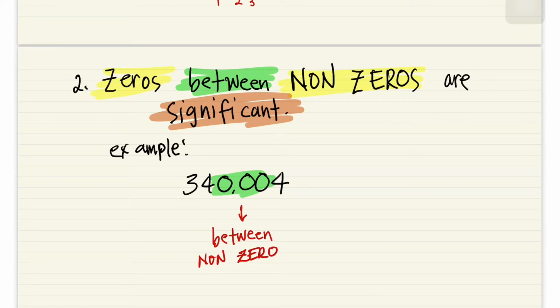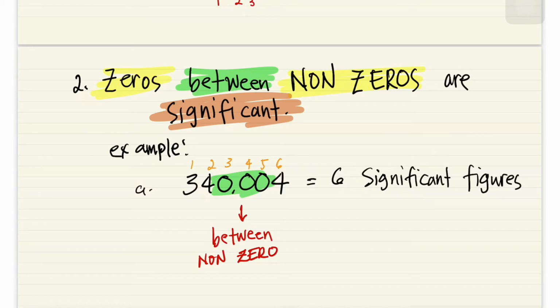Since they are in between, if you're asked how many significant figures there are, you count 1, 2, 3, 4, 5, and 6. So there are 6 significant figures. That's the second rule.